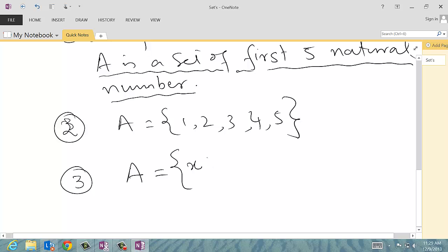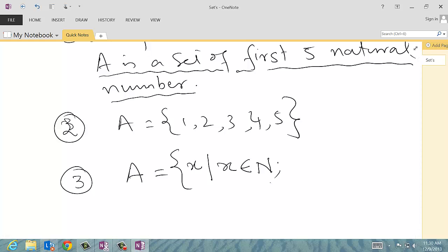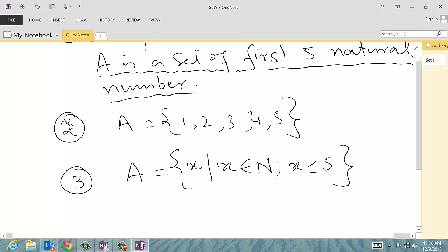We draw the vertical line, which means where X is what? X is a member of the set of natural numbers, but then we lay down the restriction. A semicolon means, just like in our common English language, we pause. So that's the end of the statement symbol, and then X is less than or equal to 5. So this is the way.